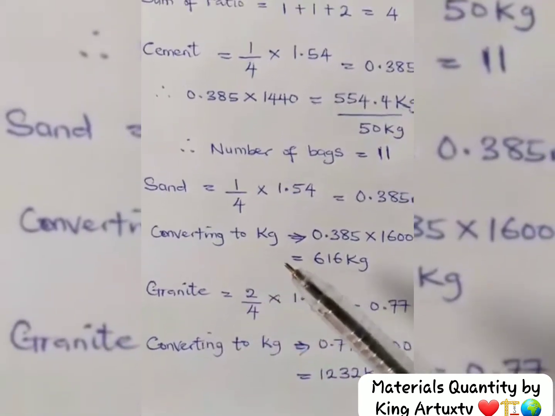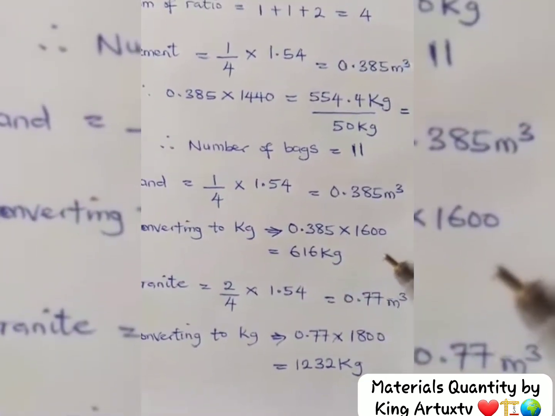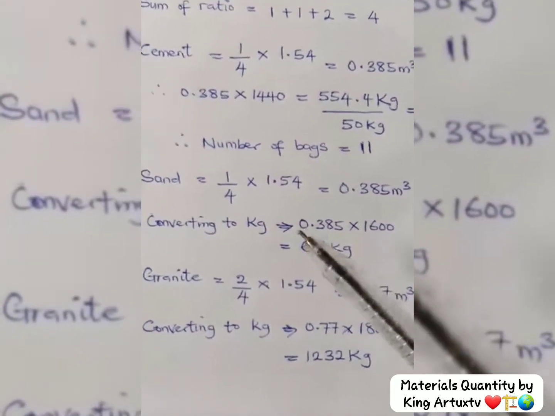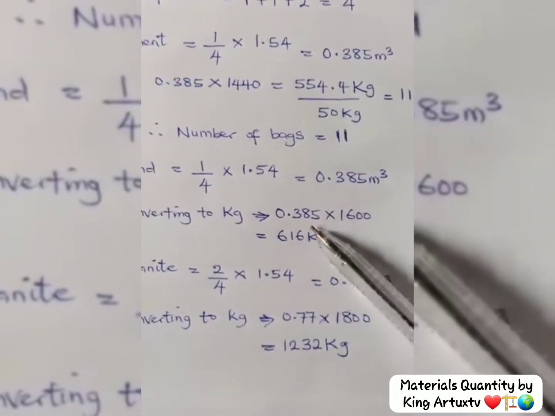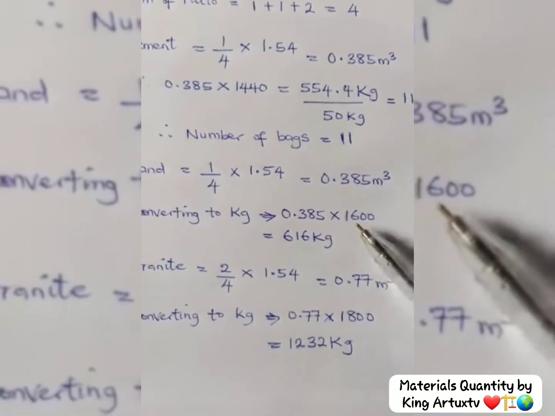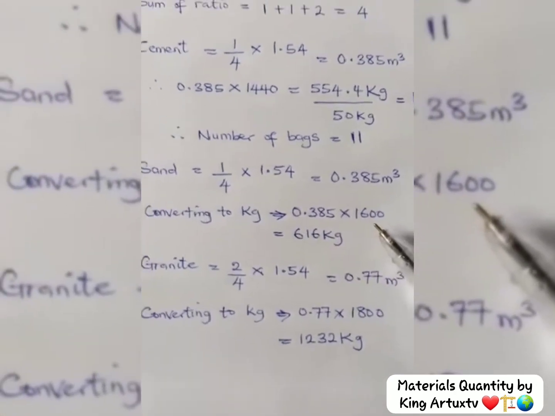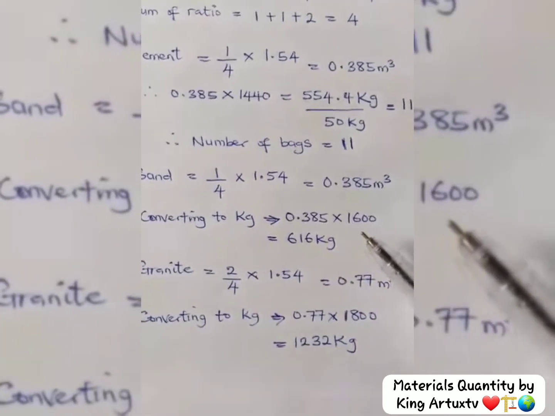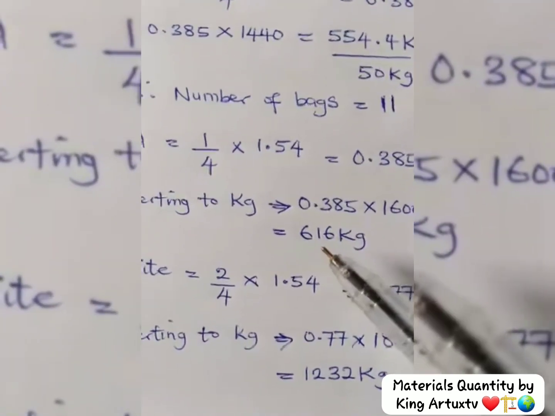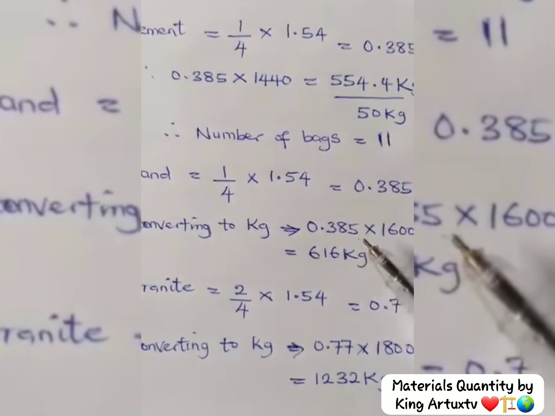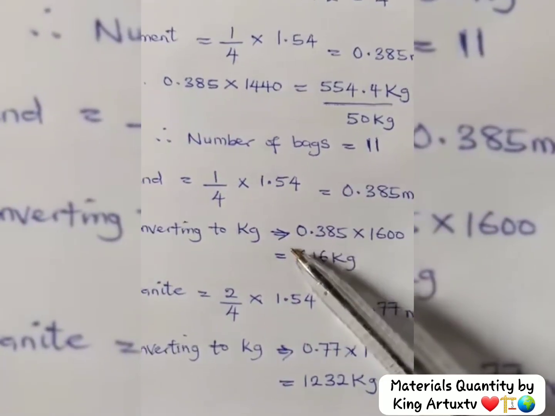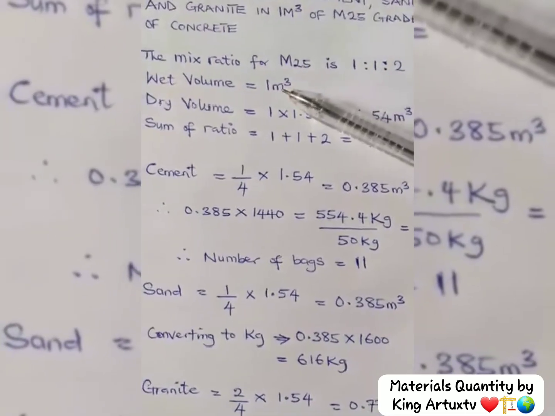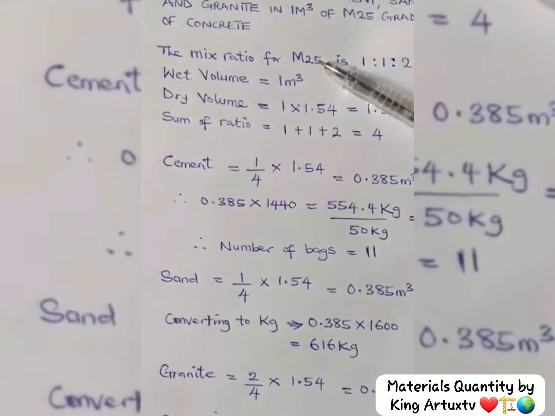Then converting it to kg, if you're doing your batching by weight, you multiply the volume by the density of sand, which is 1,600 kg per cubic meter. So you now have 616 kg. This is the weight of sand needed for 1 cubic meter of M25 concrete.